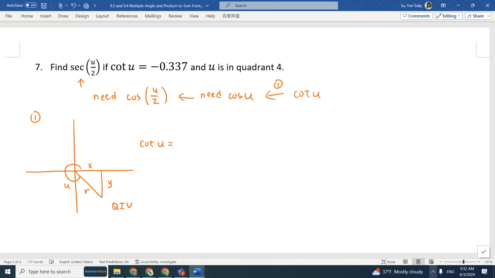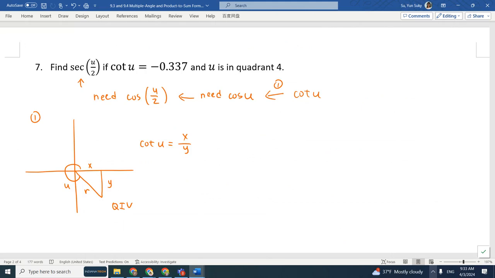Cotangent u. What is cotangent u in terms of x, y, r? x over y. Yes, x over y. This problem is hard because you see how many steps you need to do.